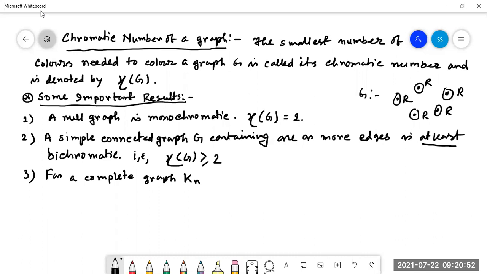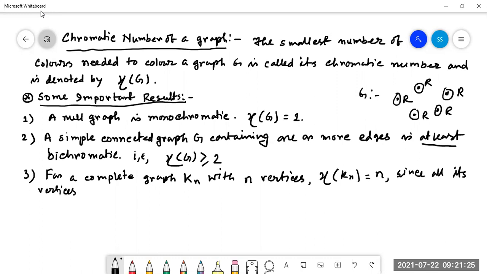For a complete graph Kn with n vertices, the chromatic number of Kn is equal to n, since all its vertices are adjacent to each other.